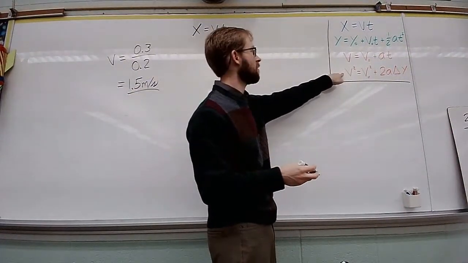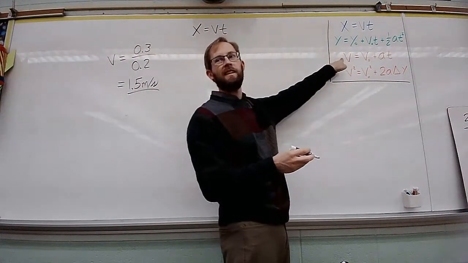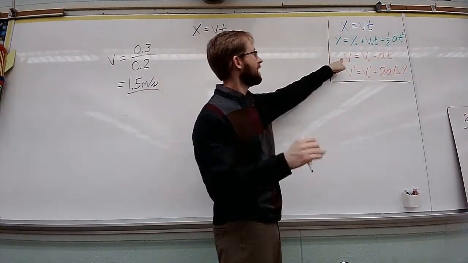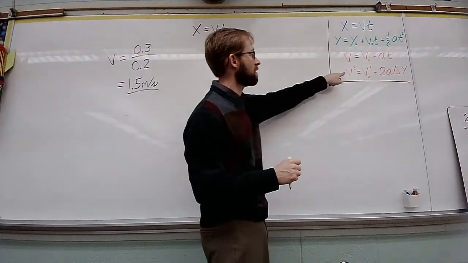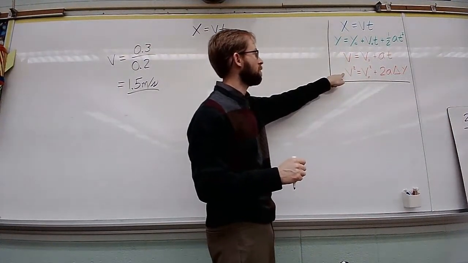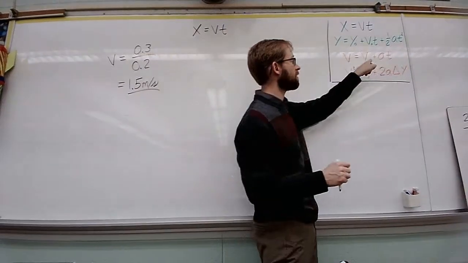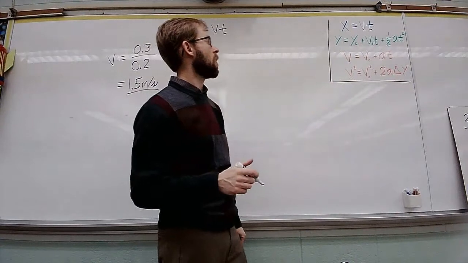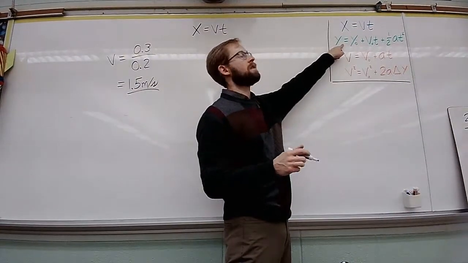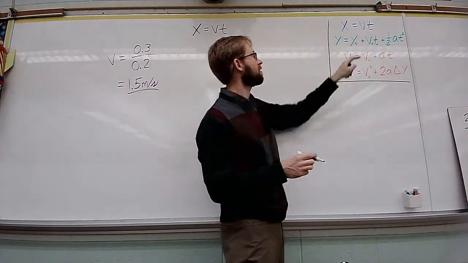No, because there's no time there. Would I use this one? You could, because you could find this final velocity if you use this equation, and you could plug that in there, and you've got everything else to solve for time. That would be the 2-step way to do this. There is a 1-step way, though, and that would be our green y equation right here.